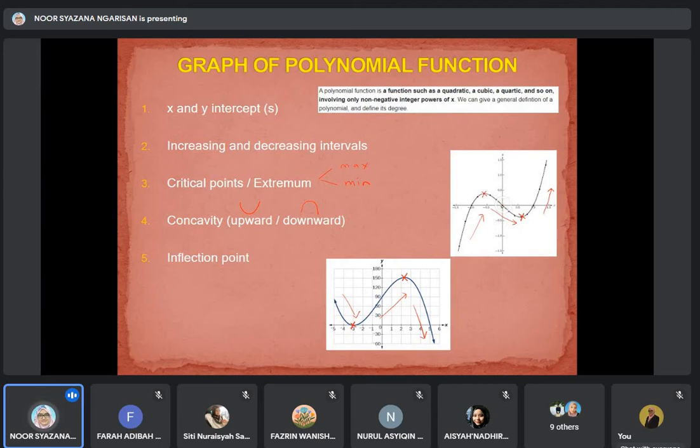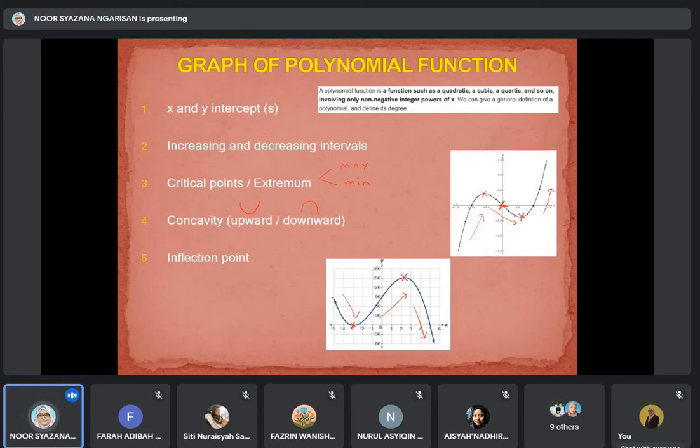Sampai kat sini, sampai kat tengah-tengah ni, dia jadi concave upward. So this is what we call as inflection point. Titik di mana concavity berubah. Kita tengok betul-betul graf ni, mula-mula masam. Sampai sini dia berubah jadi senyum. Okay, so this is our inflection point.